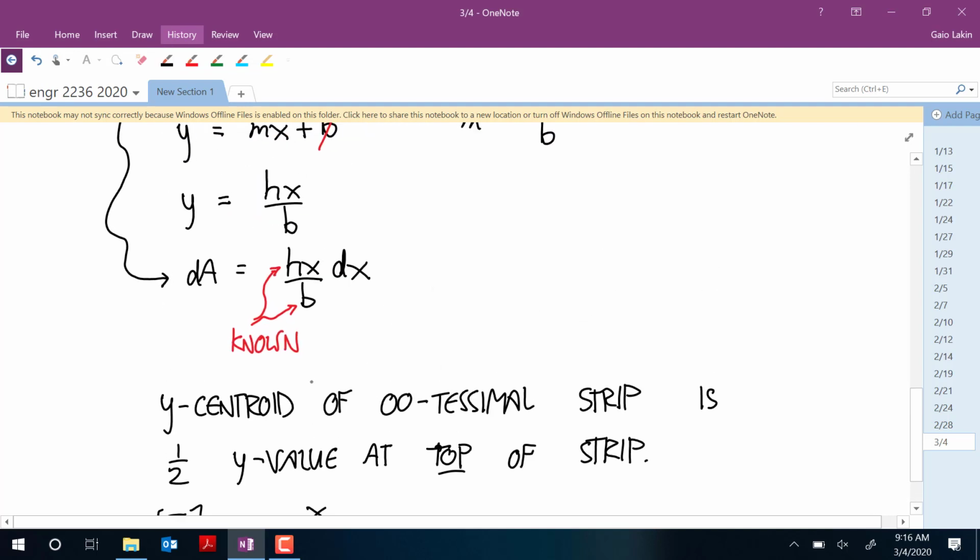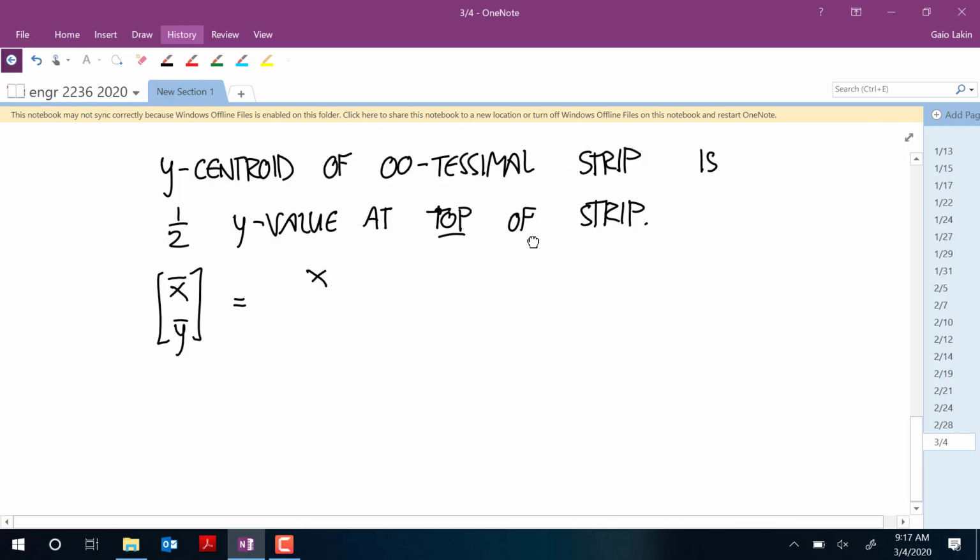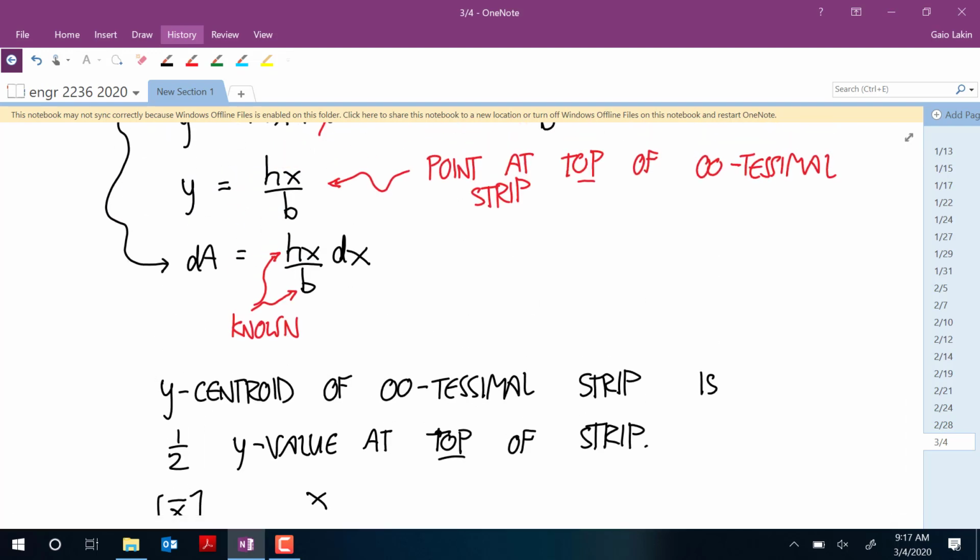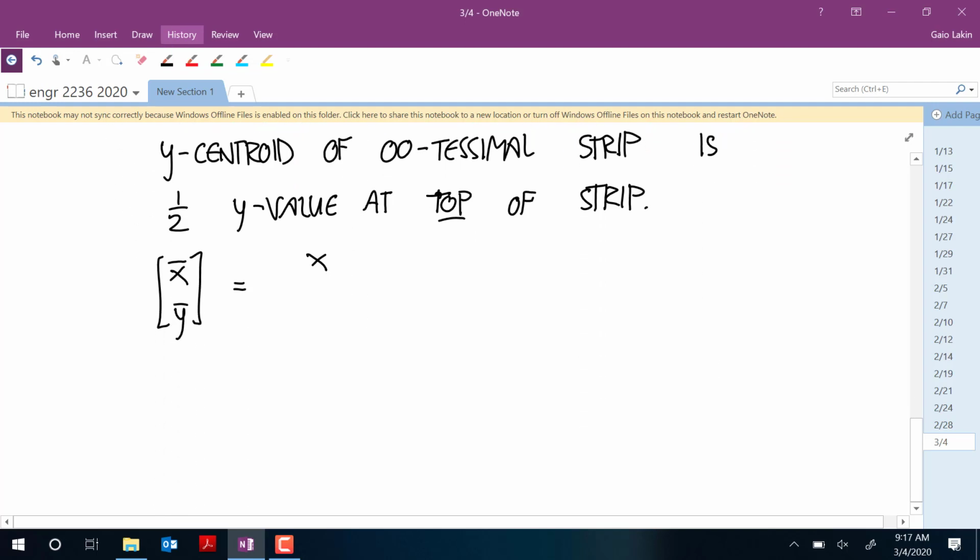But for y, it's going to be 1/2 of this, right? This formula that we got. This represents the point at the top of the infinitesimal strip. That's the point on the line. And so if that formula is hx over b, this is going to be hx over 2b.